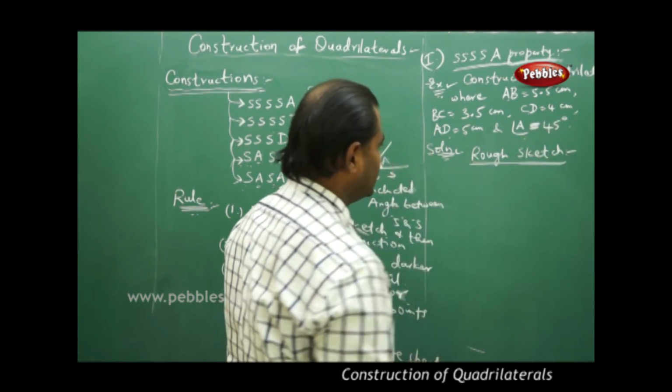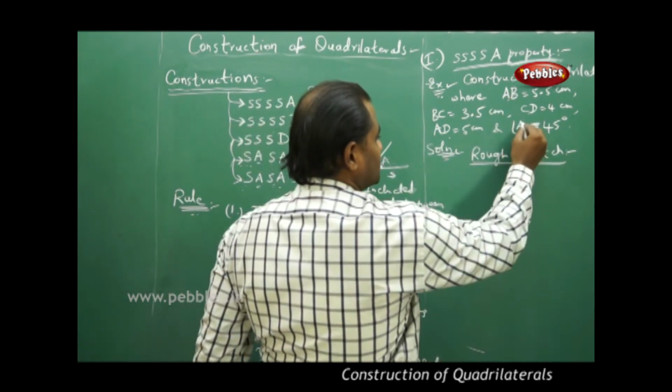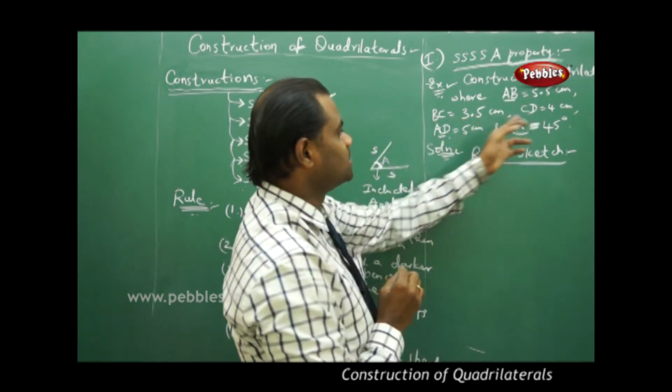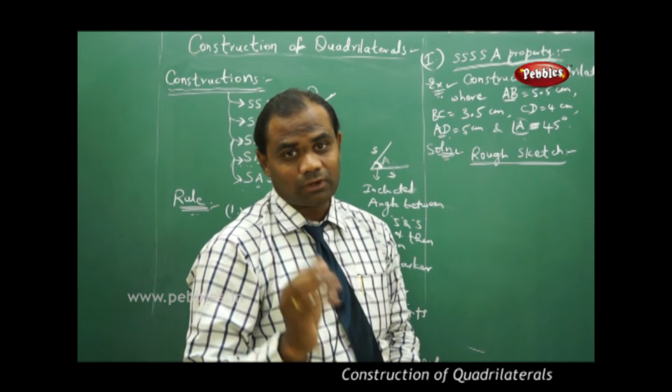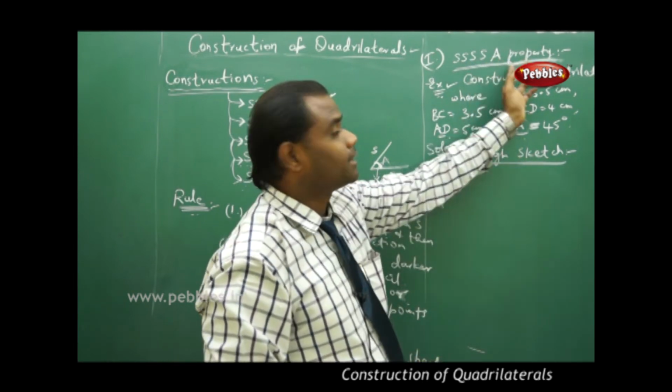I take the side which includes the angle 45. A is the angle which includes in this and in this, so I do not take BC and CD as the base. This is one of the most important rules in case of the SSA property.